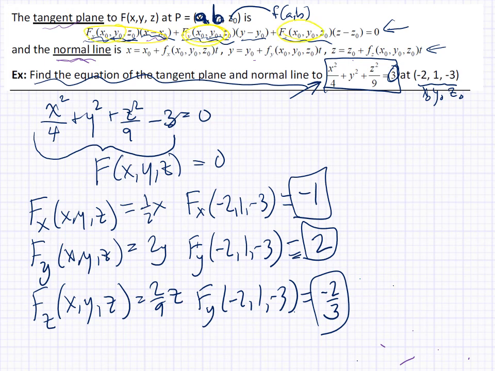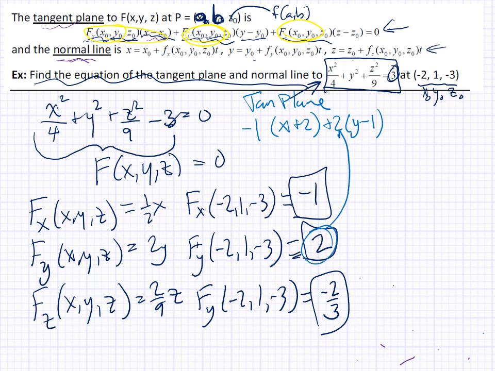And so the equation of the tangent plane will be -1 times x minus -2, so x plus 2. This is a -1, let's make that clear, -1, plus 2 times y minus 1, and that's this here, and then y here.